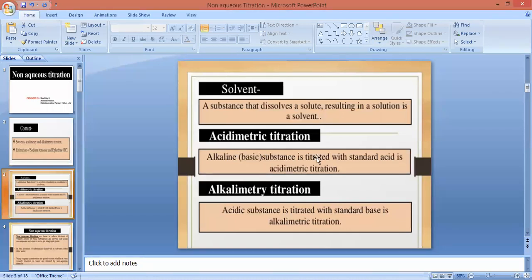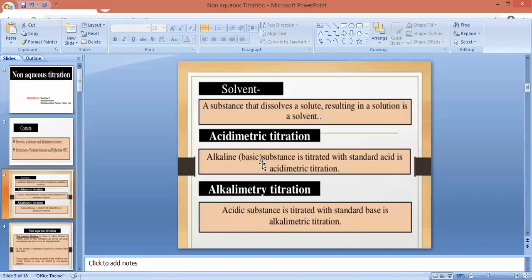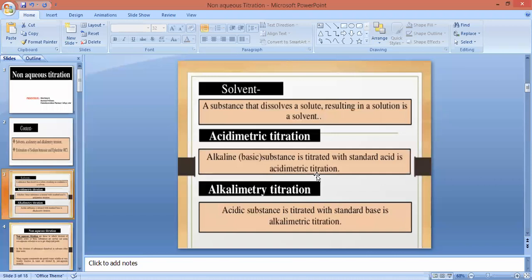So in acidimetry, the standard solution used is acidic in nature. With the help of the volume of standard acid consumed by the basic substance, we can find out the concentration of the base. So that type of non-aqueous titration is known as acidimetric titration.